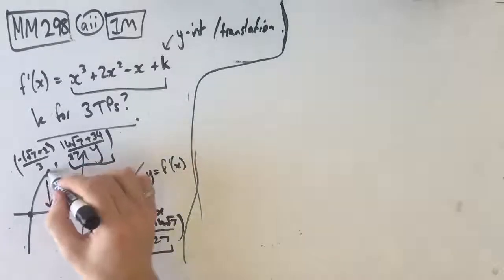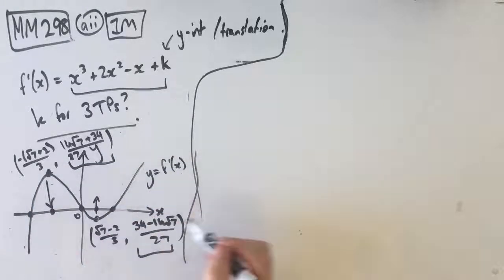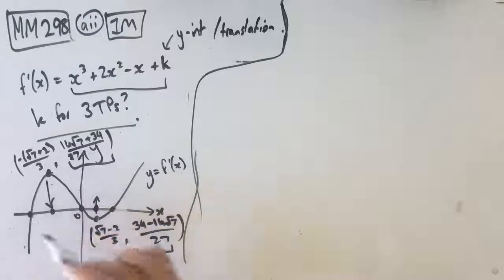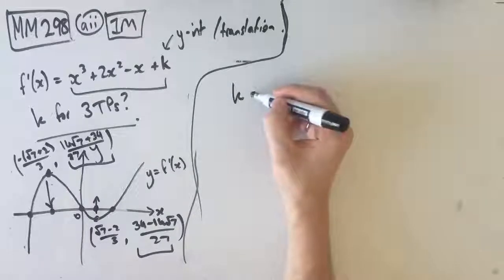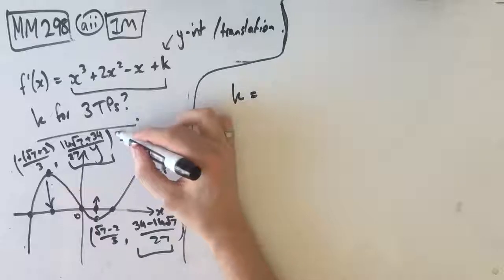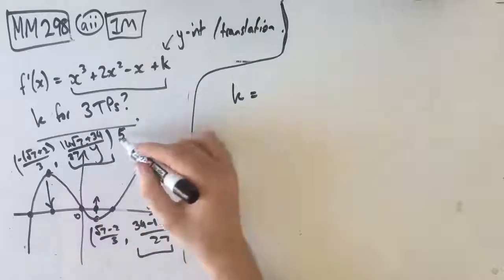If we move it down by that, this turning point is going to be on our intercept, and then we're going to have one more over here, so that's 2. If we move it up by that much, same deal, we're going to have that intercept there and that intercept there. So our k value can be the negative version of this. Because if this was 5, we would have to move that down by 5, so k would equal negative 5.